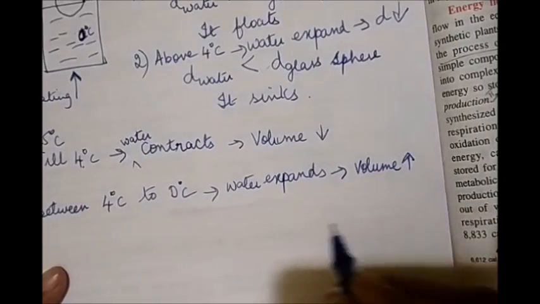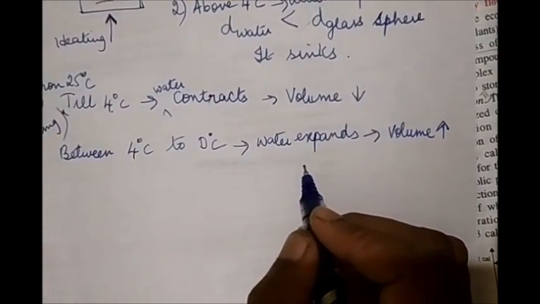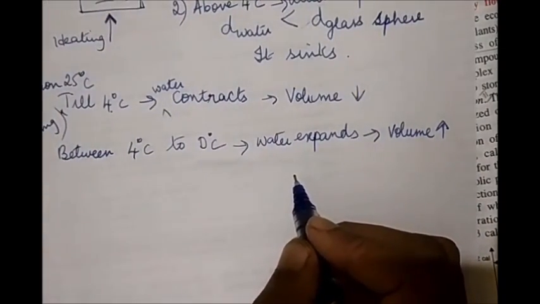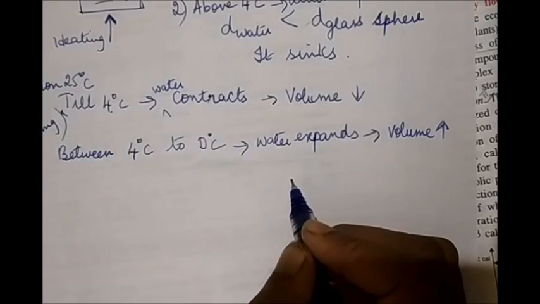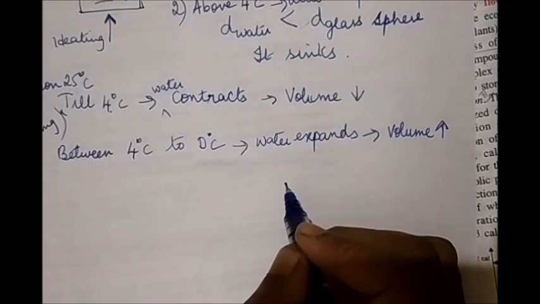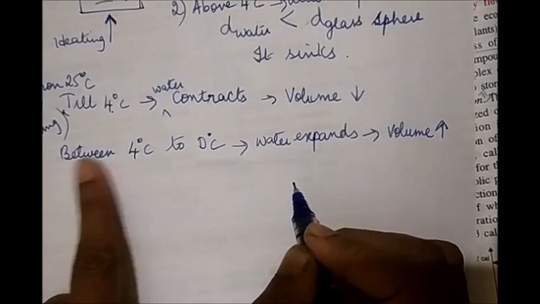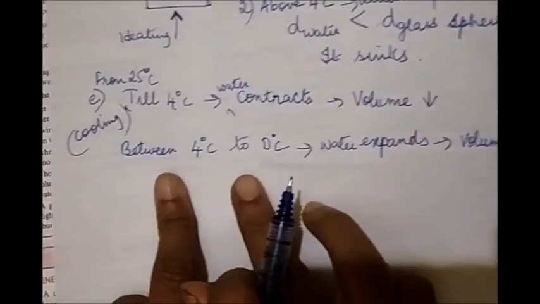Now, in the bottle, because you had filled it till the brim, there's no place for expansion. So sometimes the volume will expand so much that it exerts a pressure on the bottle, and the bottle will sometimes burst. So, that is the answer for the E part question.